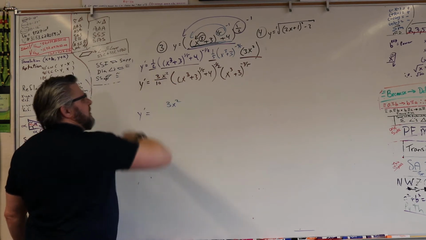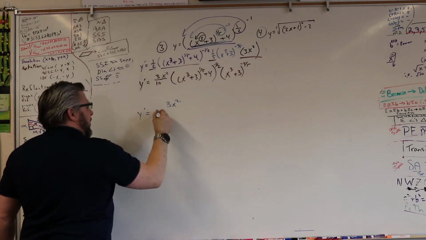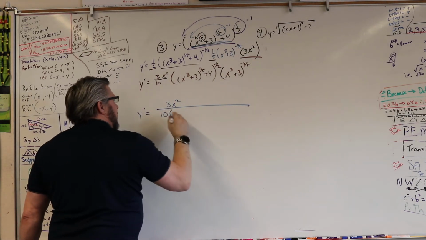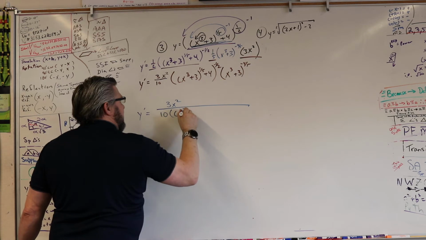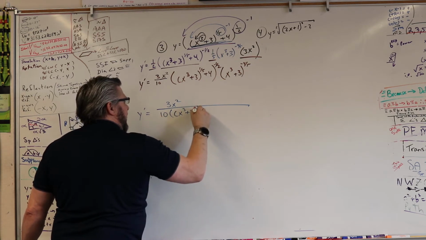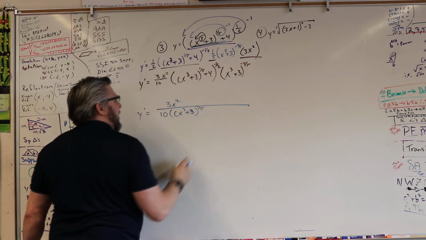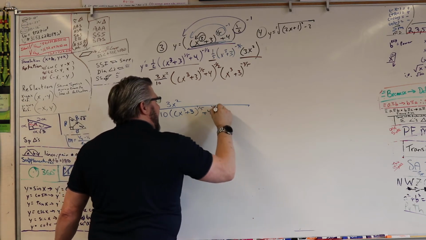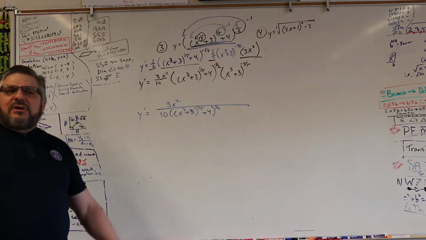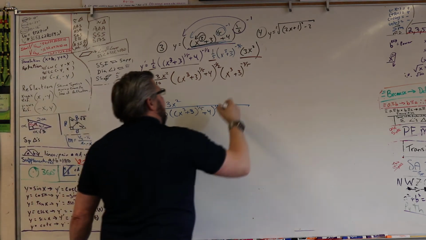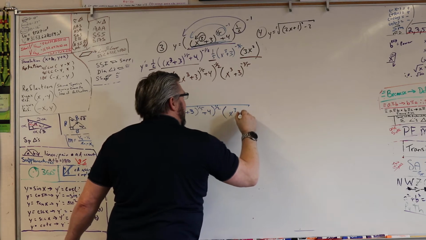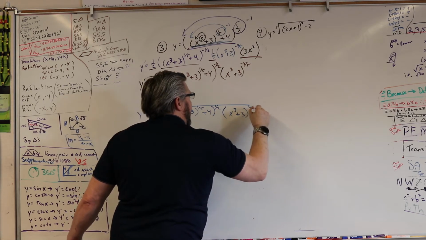That's what's on top. Nothing else is on top. So everything else is down below. Times 10 times x cubed plus 3 to the 1/5. Right? Plus 4 to the 1/2. See how we take that negative? Brought it down below, made it positive. Same thing. Take that negative, bring it down below, and make it positive.